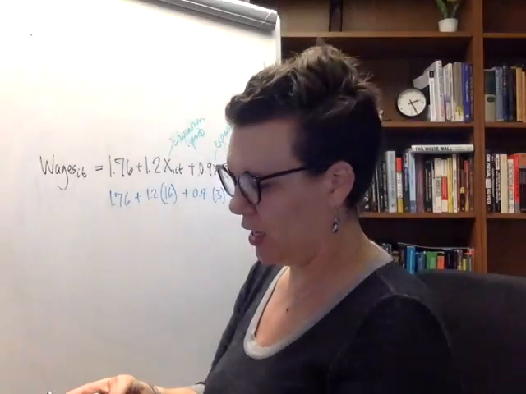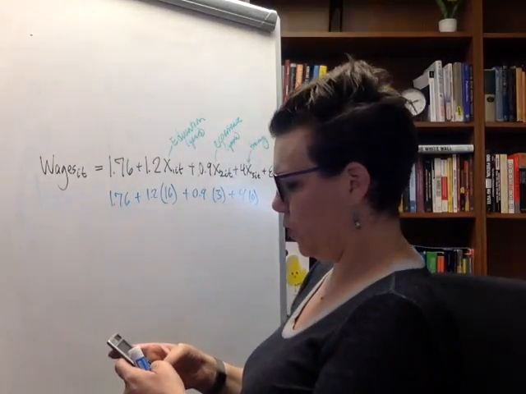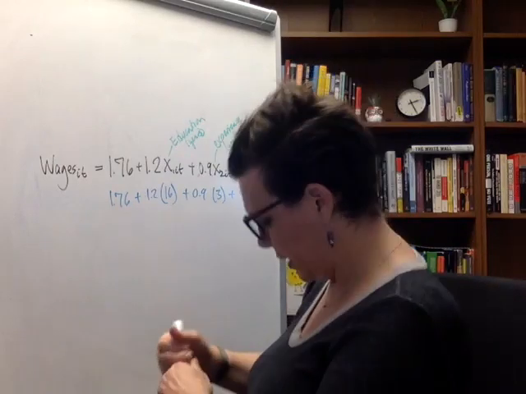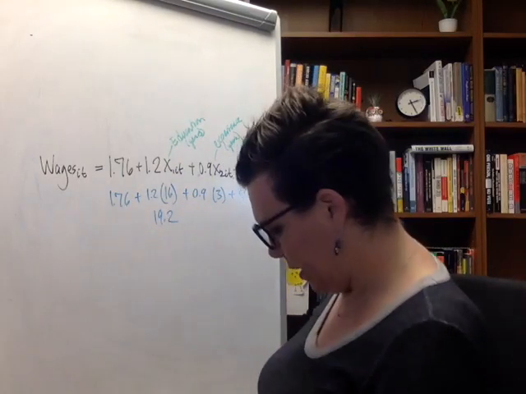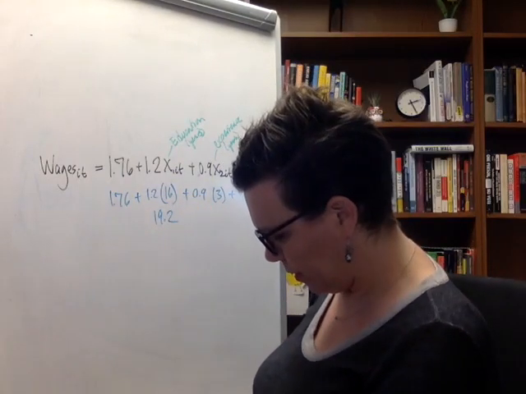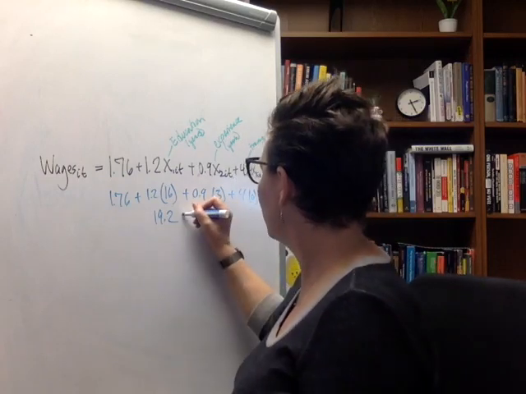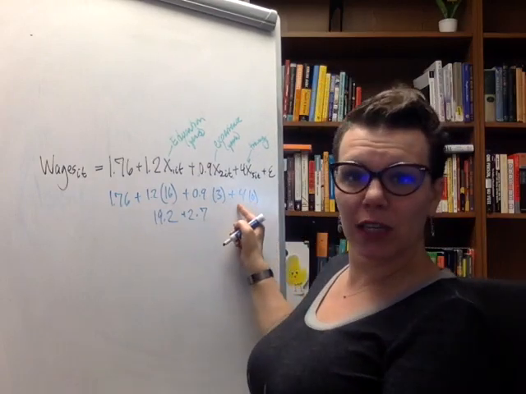So that's going to be 1.76 plus 1.2 times 16 gives us 19.2. 0.9 times 3 gives us 2.7. And then this is just going to be 0 because 4 times 0 is 0.